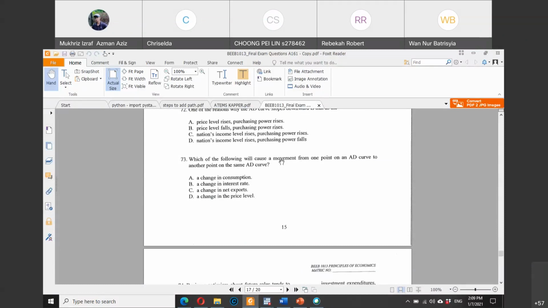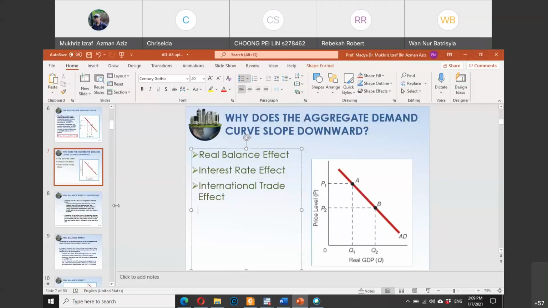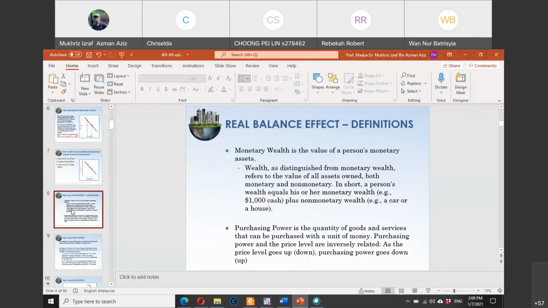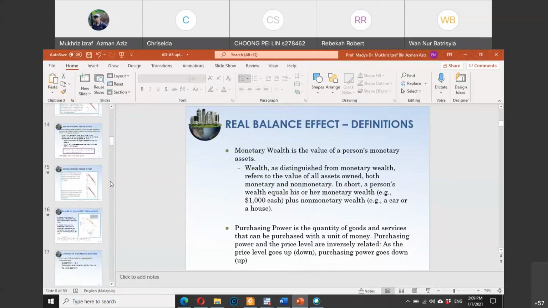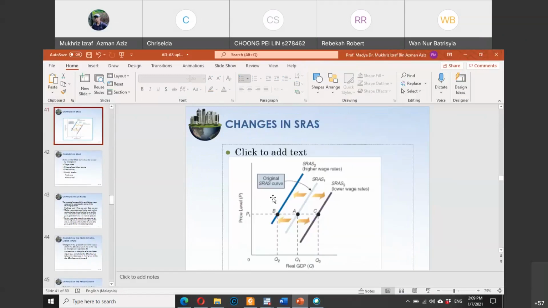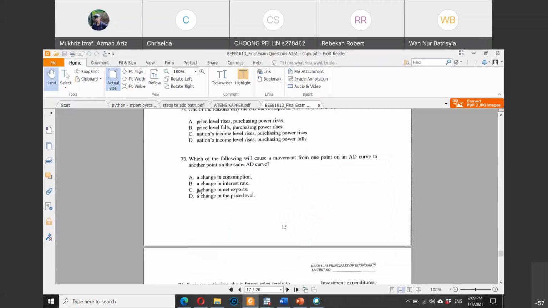Shifting the graph is other than price. That's why you have the assumption ceteris paribus, which means other factors remain constant. If you're talking about movement along the curve, you're talking only about changes in the price level. But shifting in the graph is because of factors other than the price level. So the answer should be D.